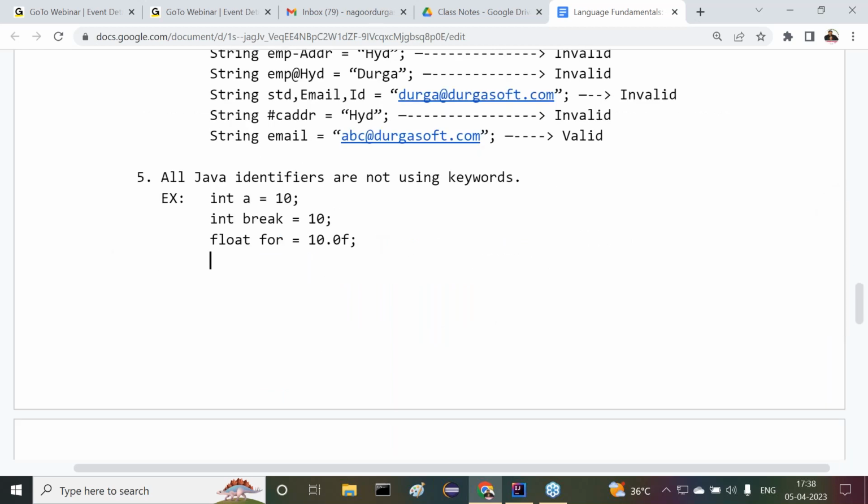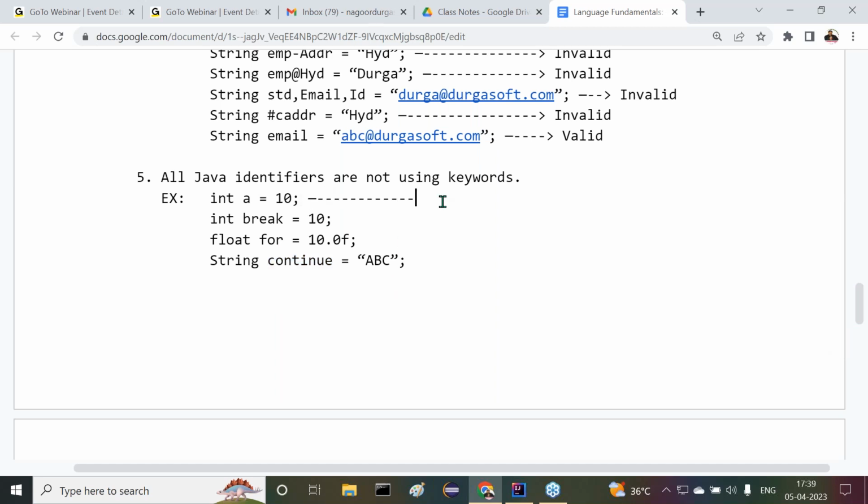Then apart from this, string continue = some data, some ABC. In which way we are having the break statement, in the same way, we are having the continue statement available. Sir, are you getting it or not? Like this, we are able to utilize the content here.